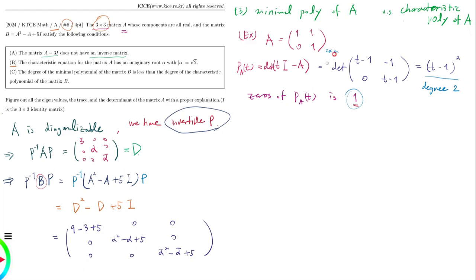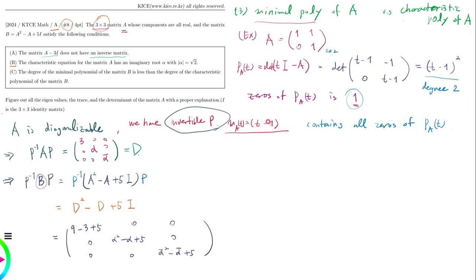And in this case, the minimal polynomial is the polynomial of the smallest degree which still contains all the zeros of this characteristic polynomial p sub A of t here.